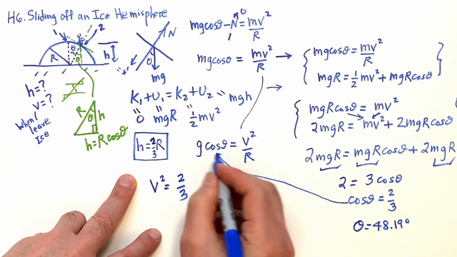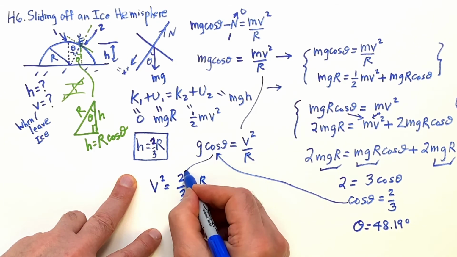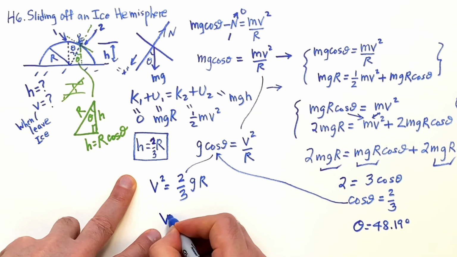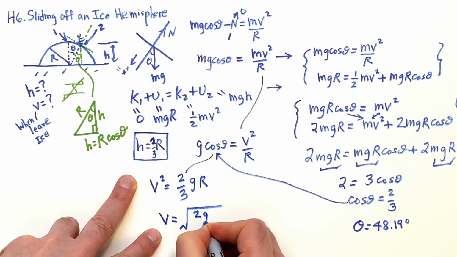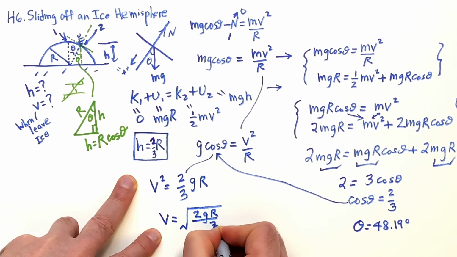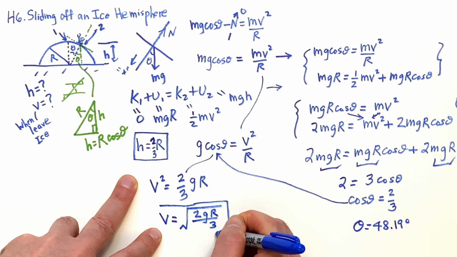I bring the r over here, I have gr, the cosine's my 2/3, and I bring the r over with the g. And the velocity is the square root of 2gr over 3. Nice. Nice, elegant problem.